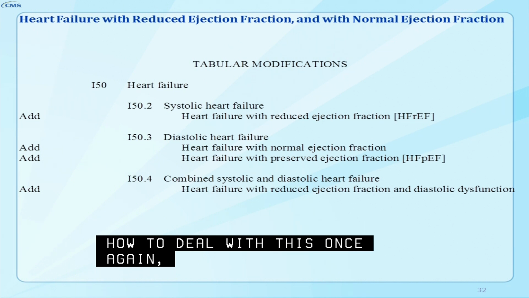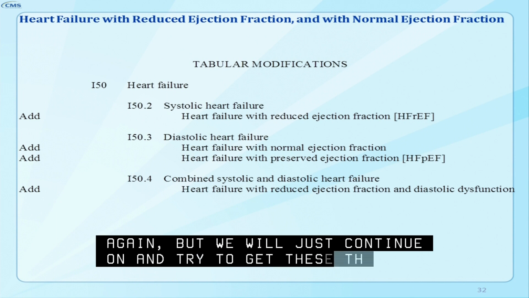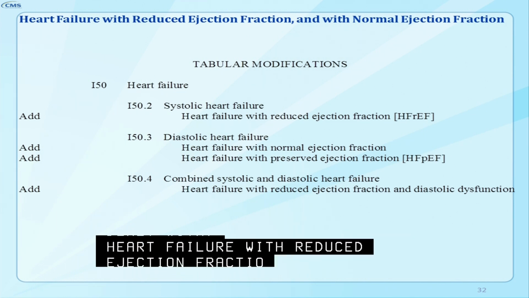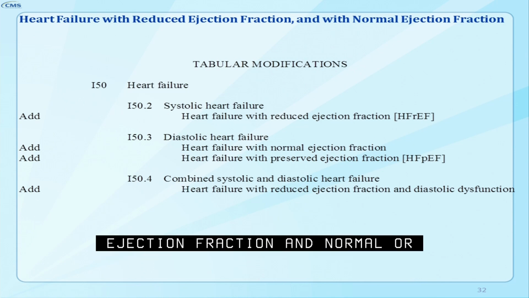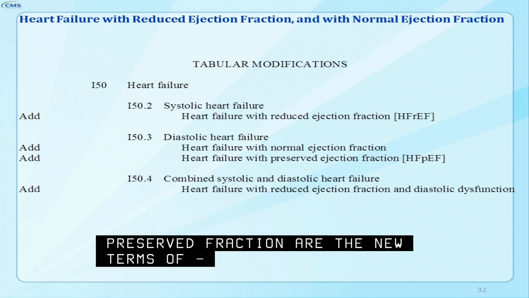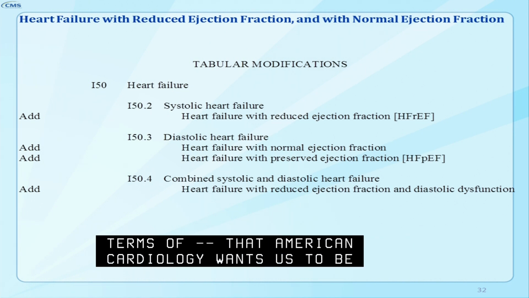So heart failure with reduced ejection fraction and heart failure with normal or preserved ejection fraction are the new terms that the American College of Cardiology wants us to be using instead of the terms that we have now in ICD-10-CM, systolic heart failure and diastolic heart failure.